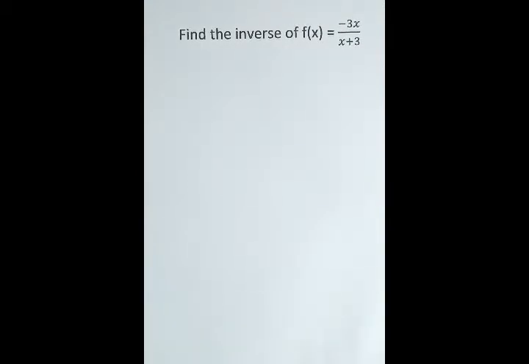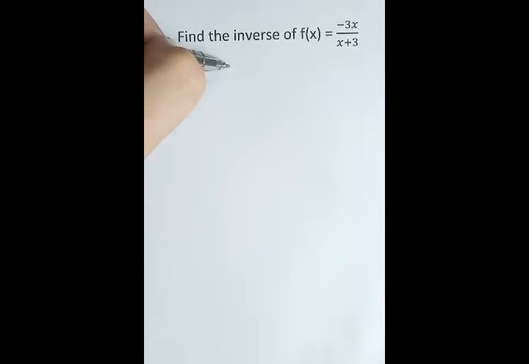Okay, this time we'll find the inverse of negative 3x over x plus 3. So ato siyang i-rewrite. The function of x is equal to negative 3x over x plus 3.